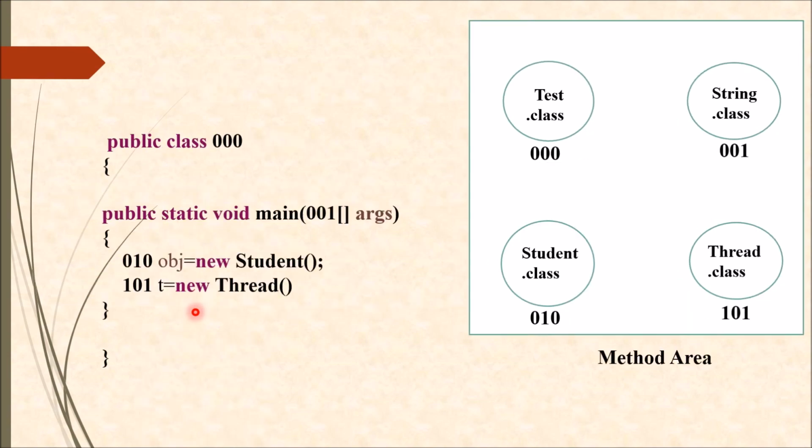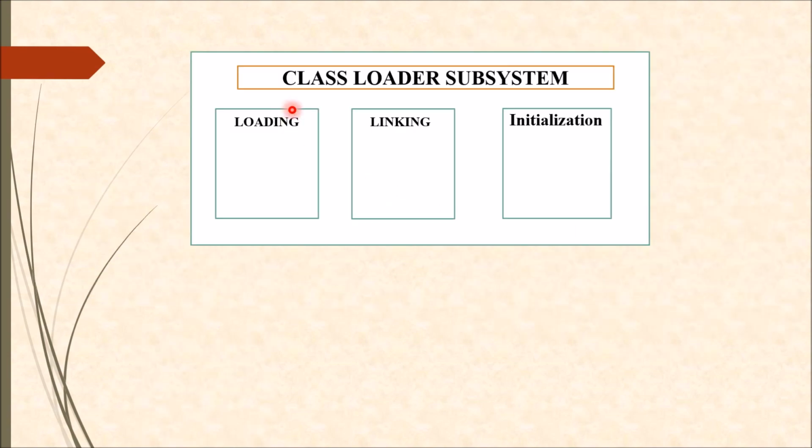Now we have covered loading and linking inside the class loader subsystem. Now our third activity is the initialization. What is initialization? Friends, initialization is nothing but assigning the original values to the static variables in our .java files.